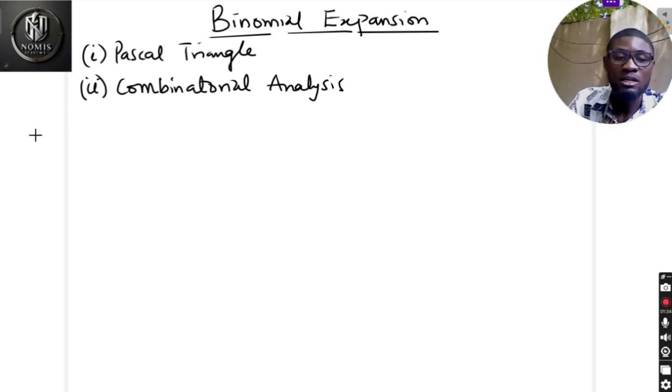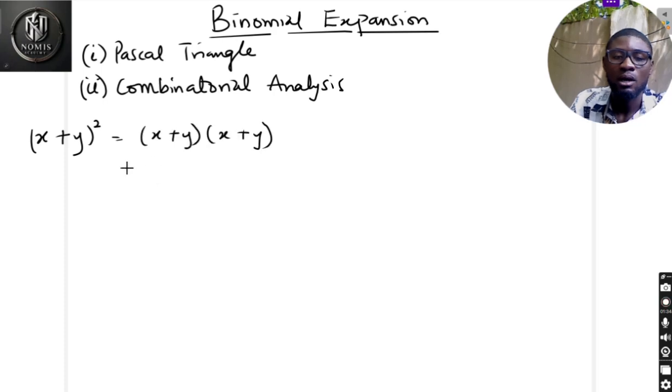Let's say we have x plus y squared. This is equal to x plus y multiplied by x plus y. x times x is x squared, x times y is xy, y times x is xy, plus y times y is y squared.